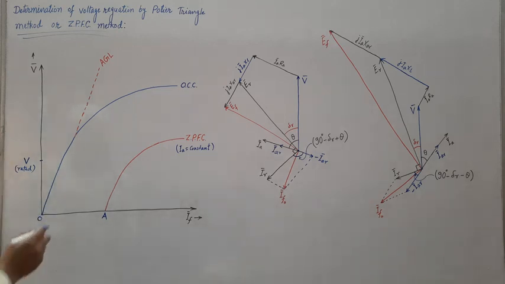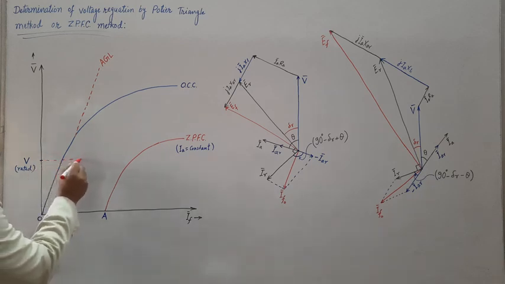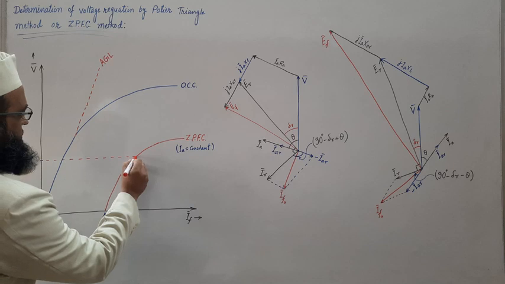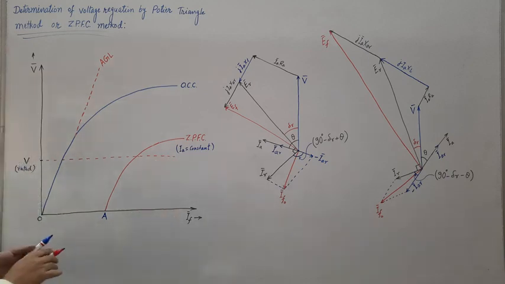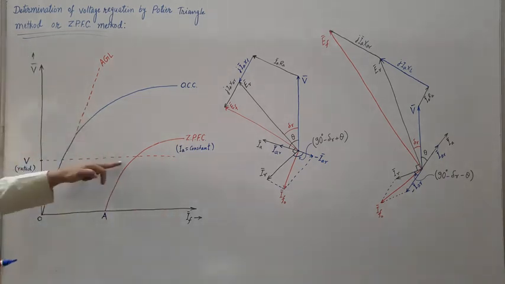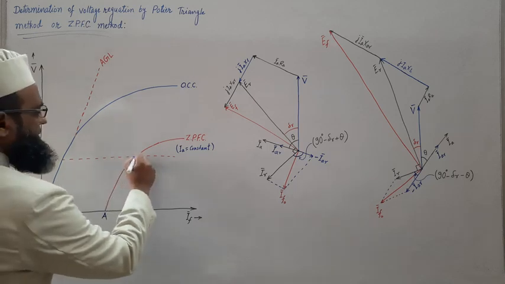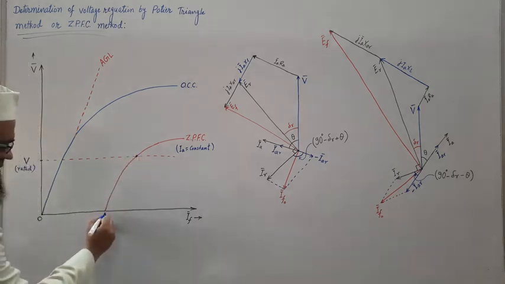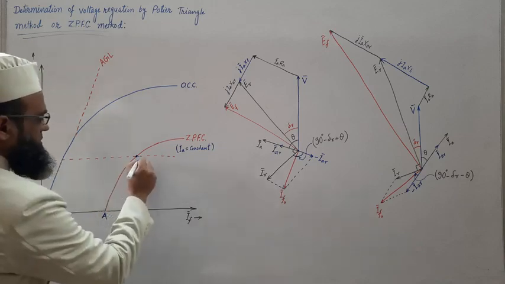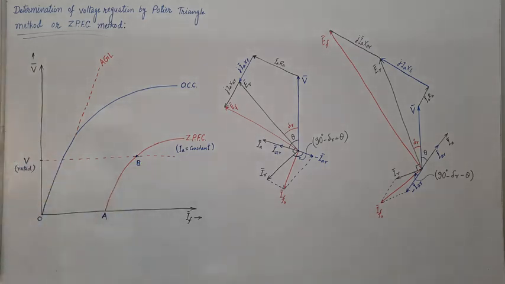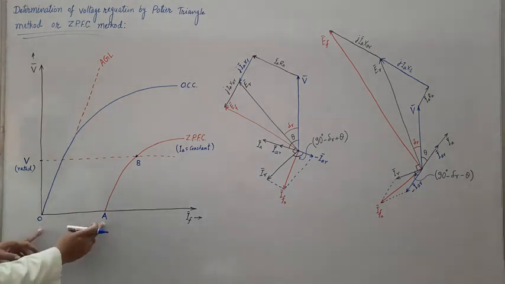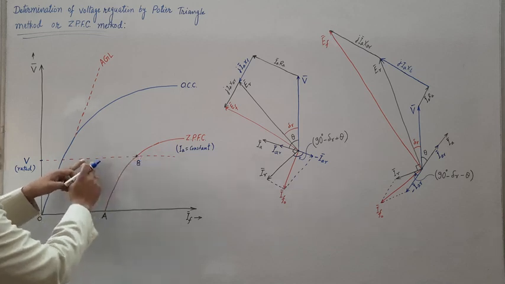Corresponding to the rated terminal voltage, draw a horizontal line. Let this horizontal line meet the ZPFC at a point, let us mark it B. Now next step, take this length OA and mark a point.